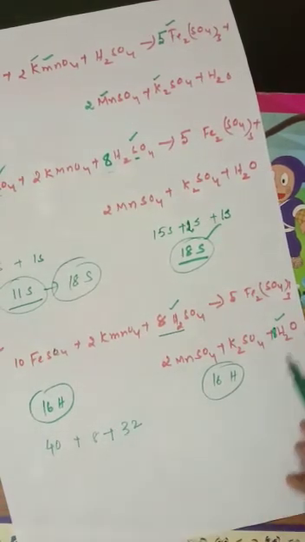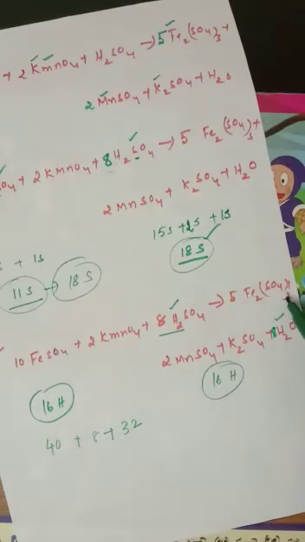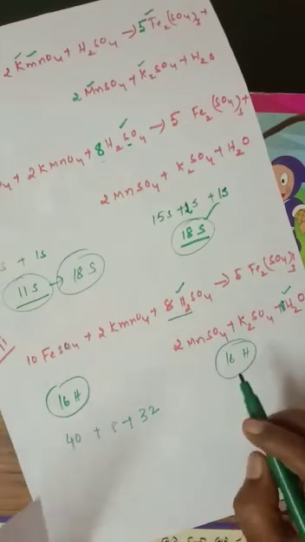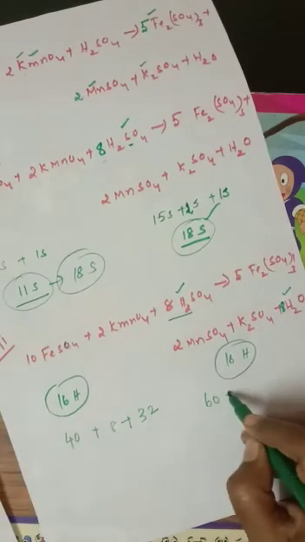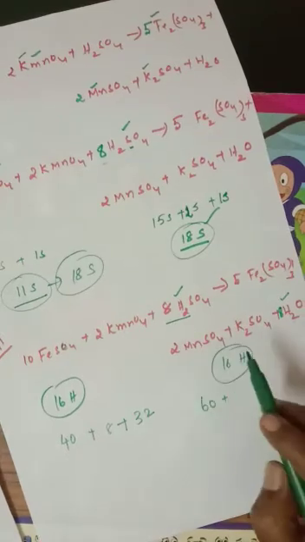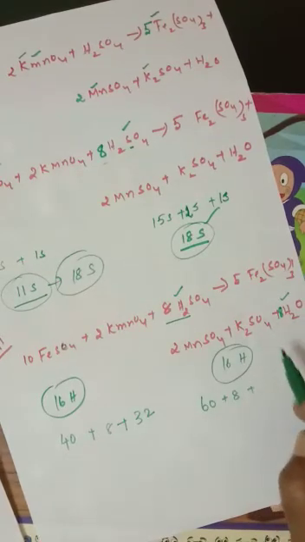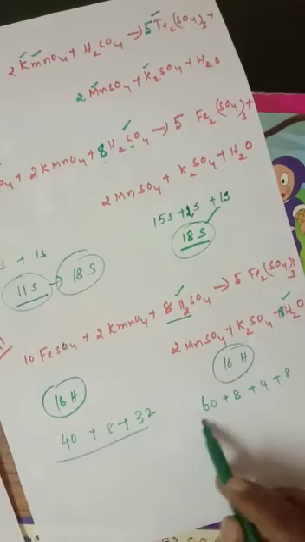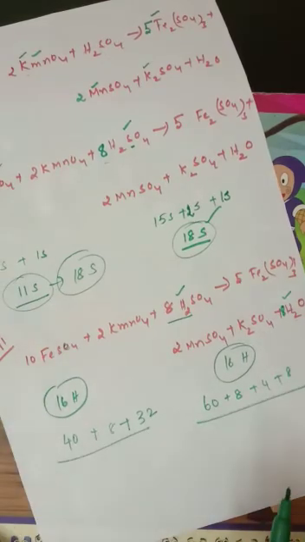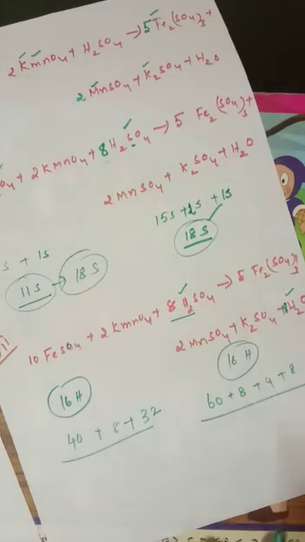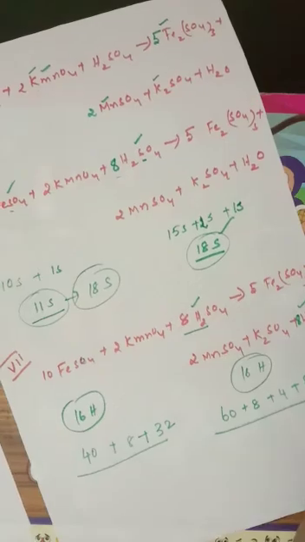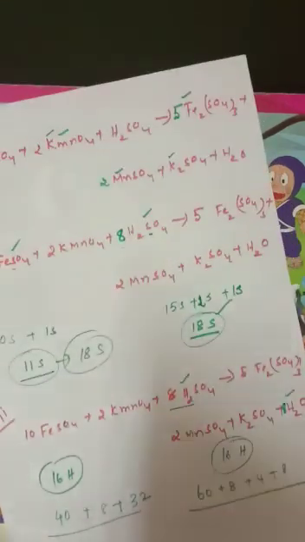On the right side, see here 4 3s are 12, so totally 60 oxygen. Here 2 4s are 8, plus here 4, plus here 8 oxygen. So automatically the oxygen will also be balanced. Likewise we are going to calculate this. Suppose if you balance the hydrogen, automatically the oxygen will also be balanced. This is the balanced equation.